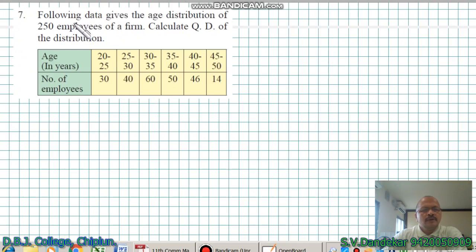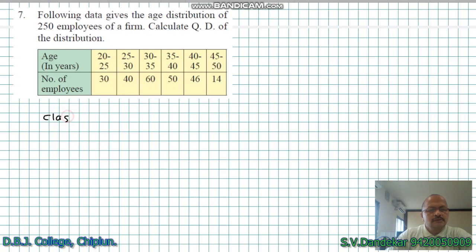Seventh problem. Following data gives the age distribution of 250 employees of a firm. Calculate the quartile deviation of the distribution. Now in this problem, firstly we have to make a table.